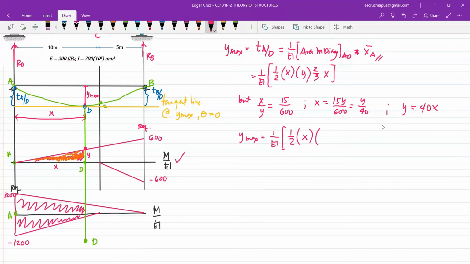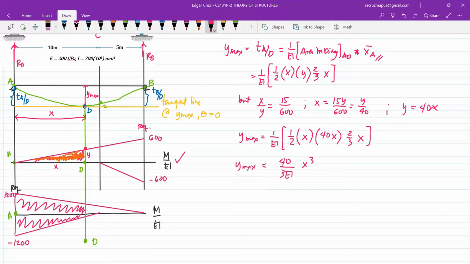Di ba? 40X. Then 2/3 of X. Ayan. So, pagka sinimplify natin yan, 40 over 3 EI. Tama ba? 40 over 3 EI, cancel yung 2 kasi 4/3. Tapos X cube. Okay, so yan ang Y max, provided that we know the value of X. So ang problema natin dito is yung value ng X.